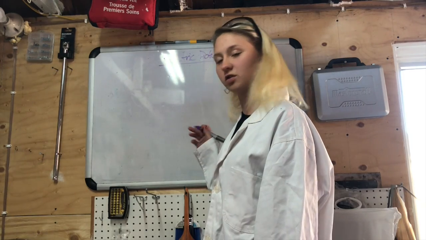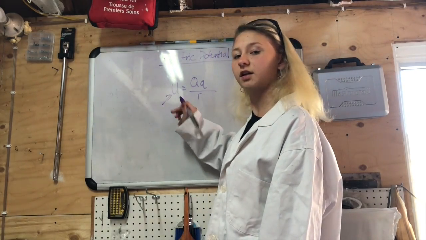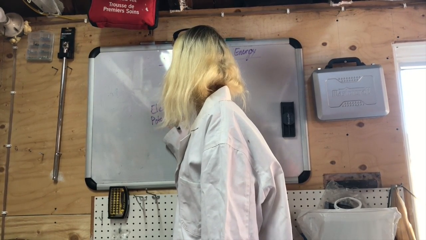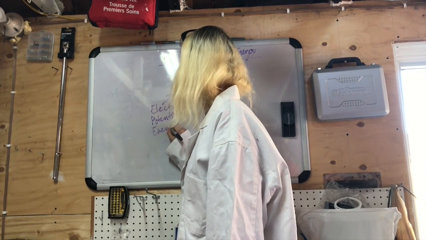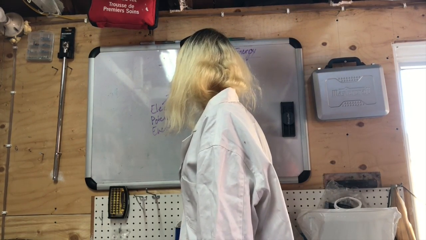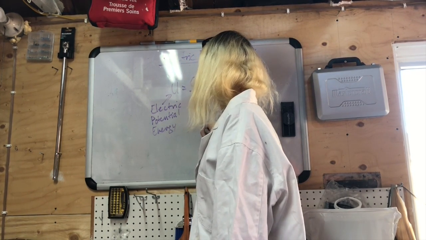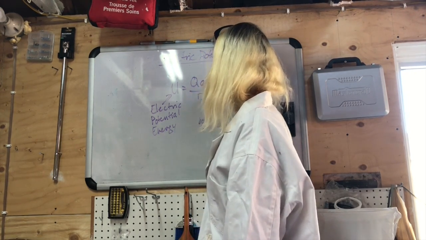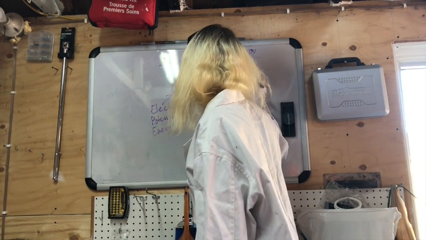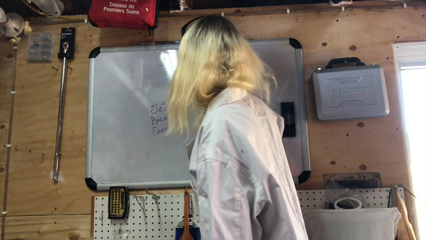It can be modeled by an equation very similar to that of electrostatic force, where U is the electric potential energy, R, again, is the distance between the two particles, the lowercase q is the test charge, and the uppercase Q is the charge of the object giving out the electric field.